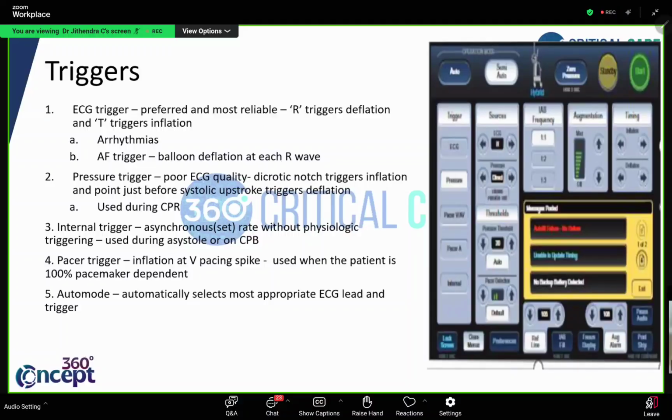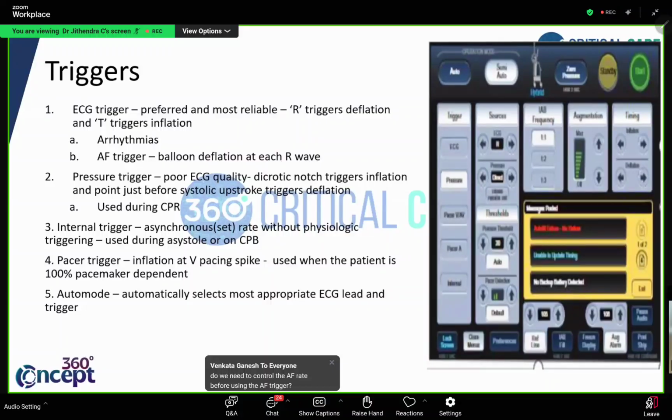You can change to other triggers like the pressure trigger, or you can change to a trigger called AF trigger, which is there in some of the newer machines. It will just support the patient at every R wave. Say the rate is 180, so at every R wave it will start supporting the patient. Okay, no need to panic about it. Even if the rhythm is abnormal, it will still support the patient.